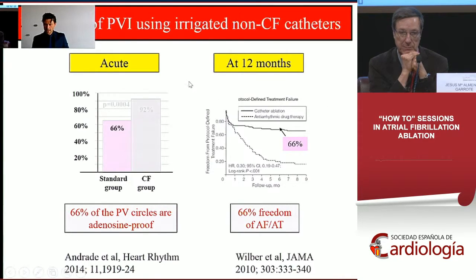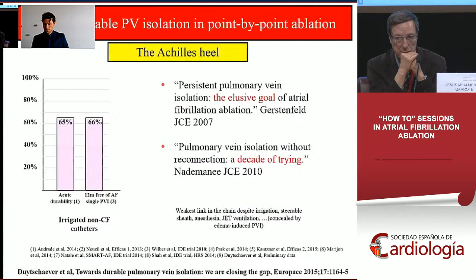And there is always a striking similarity between acute durability and what actually happens when you follow up the patients. Freedom of atrial fibrillation at 12 months, single procedure freedom, is around 66% if you look at the IDE trial of Wilber. And basically the FIRE AND ICE shows the same 65% single procedure freedom. So this is irrigated catheters.